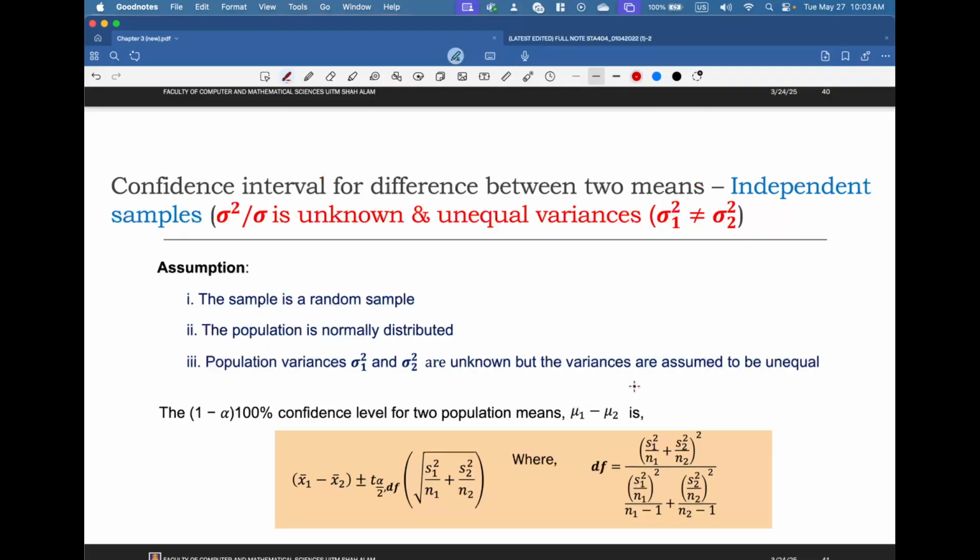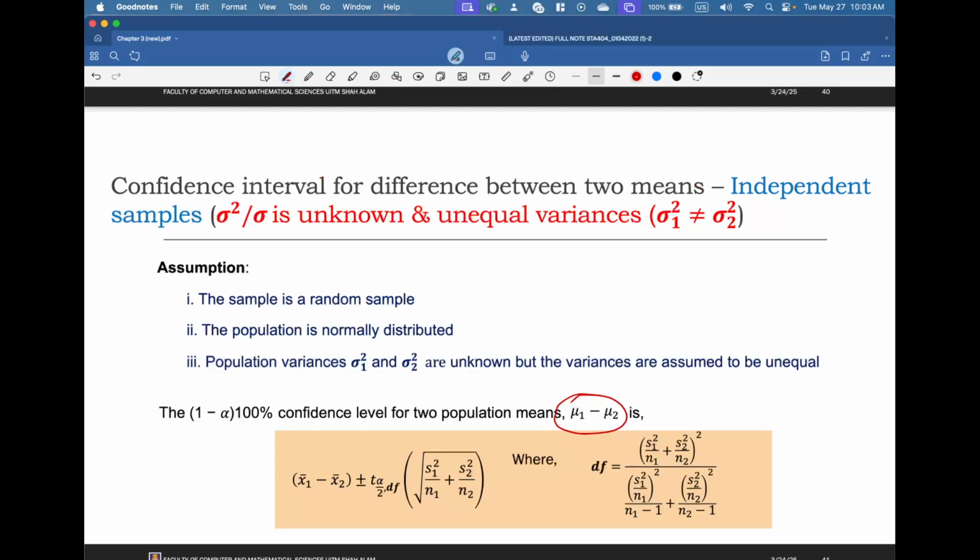Here the population variances of the first group and second group are unknown, but the variances are assumed to be unequal, and what we try to calculate again is the difference between two means.